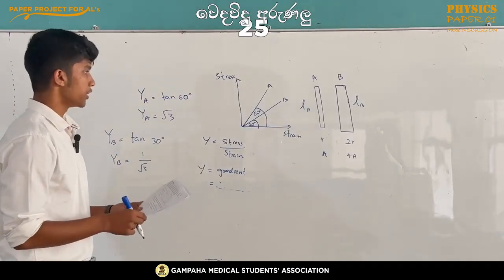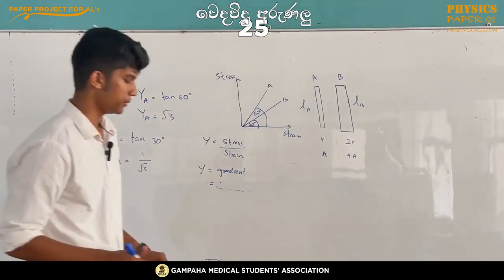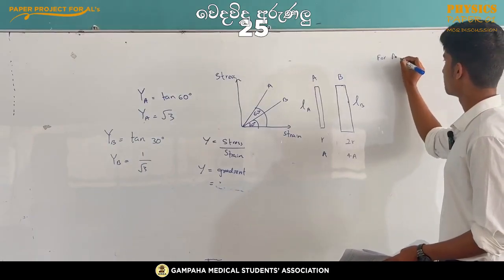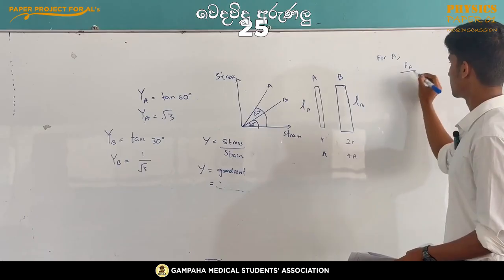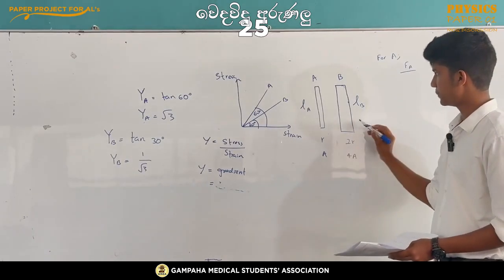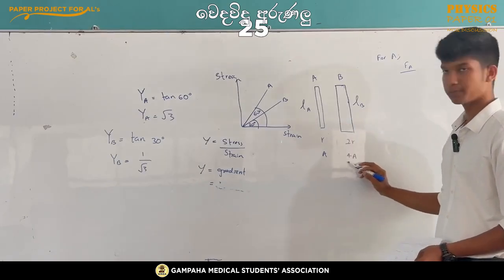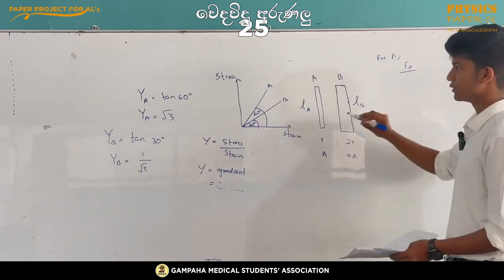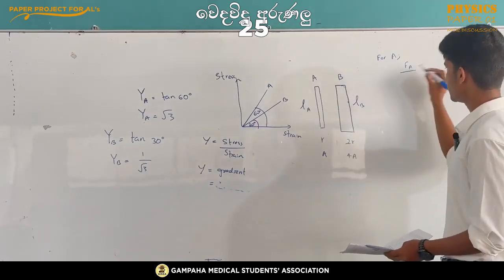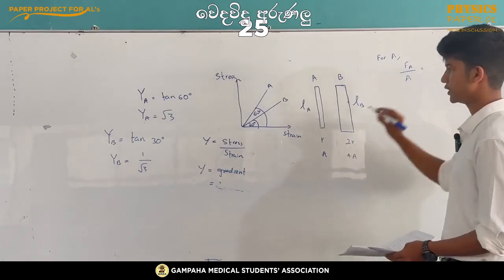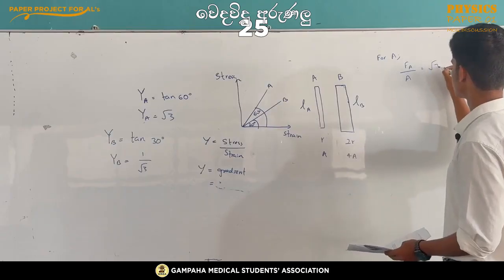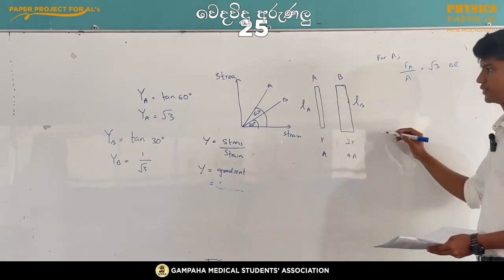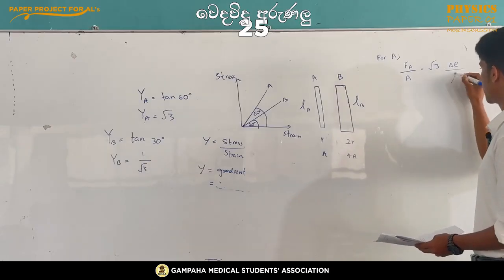Right. Now using these Young's modulus, we can substitute them into the two equations that we write for string A and string B. For A, when FA is acting on it. Now you have to note that the radius of B is twice the radius of A. Therefore, the cross-sectional area of B is 4 times the cross-sectional area of A. When you substitute the symbols into these equations, FA over A equals, instead of YA we can write root 3, and then the strain, the extension on both these strings is equal, so delta E over LA.